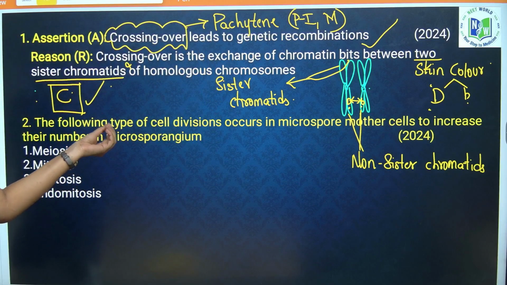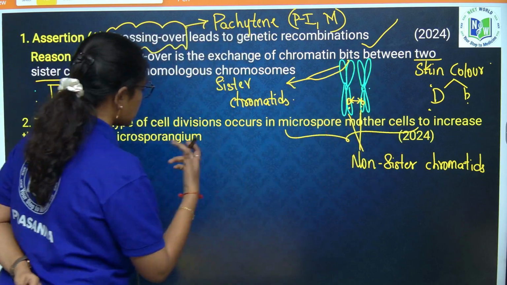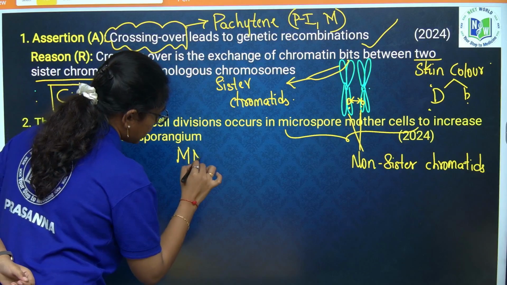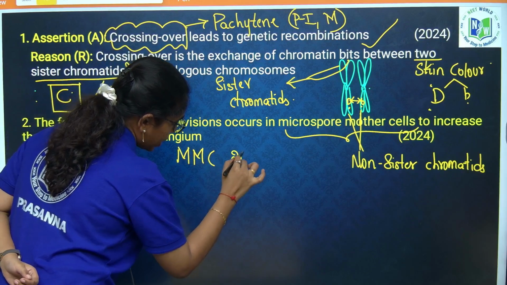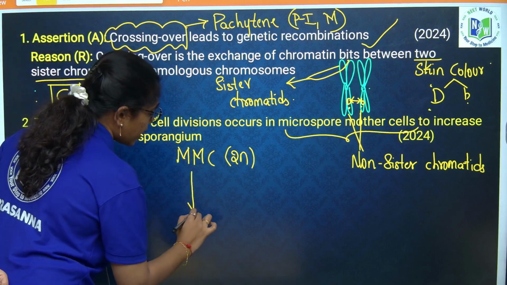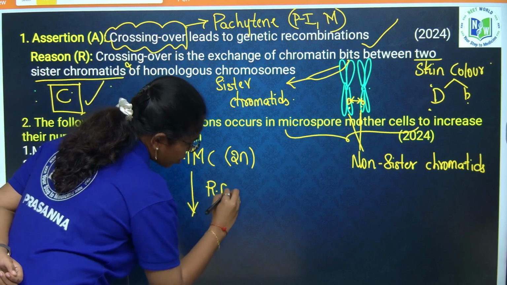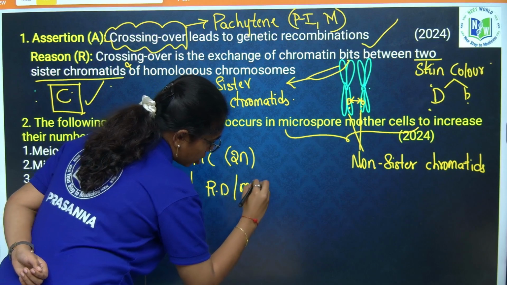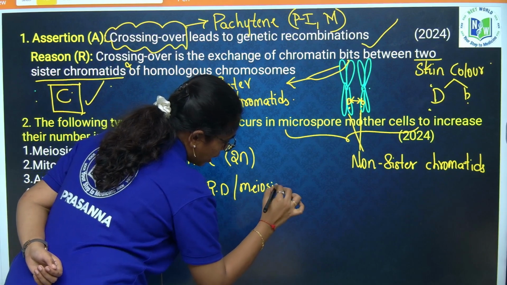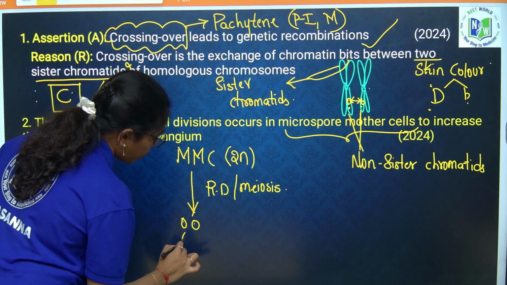Next, the following type of cell division occurs in microspore mother cells to increase the number in the microsporangium. Microspore mother cell is a diploid cell. It always undergoes reductional division or meiosis to produce 4 microspores.